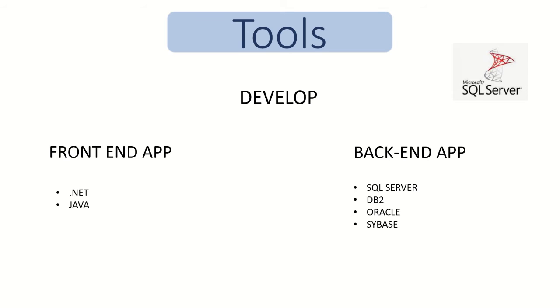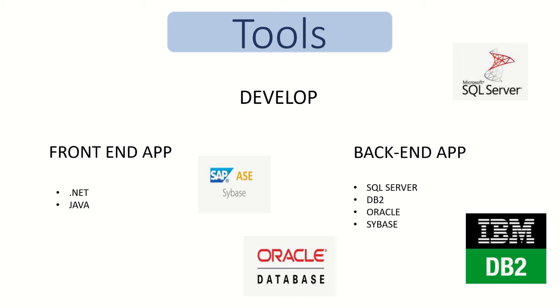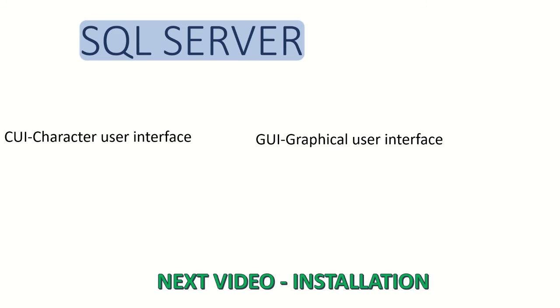But then the back end app, that's the part where the data is actually stored. So I'll be covering SQL Server, which is the database engine we'll be using, but there's more, like IBM DB2. There's also Oracle database. There's also Sybase ASE, and then also these front-end apps, which are Java and .NET.